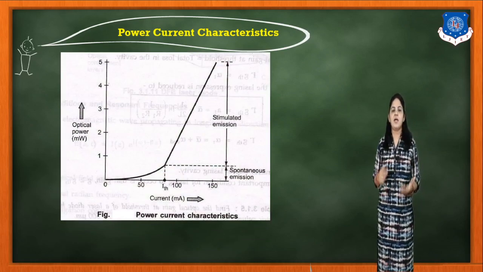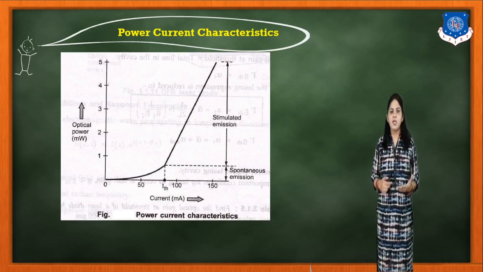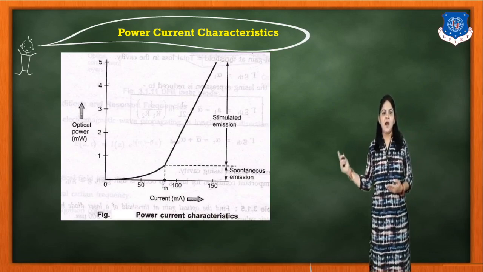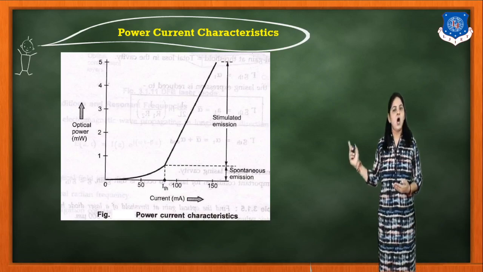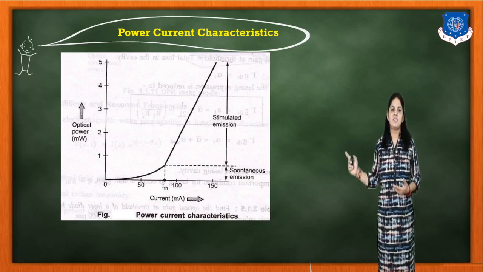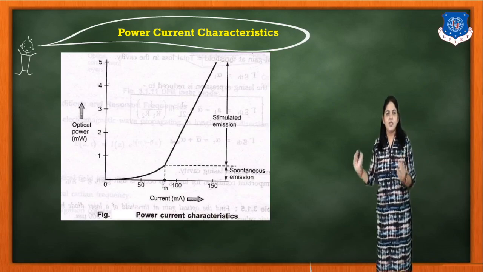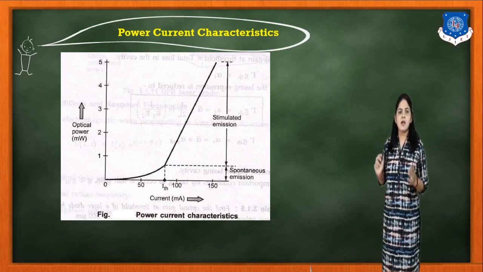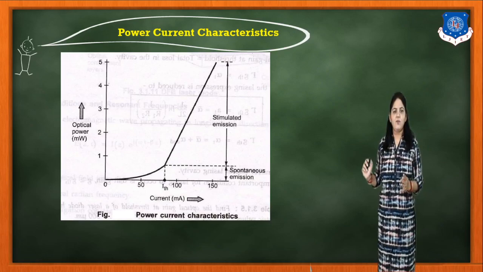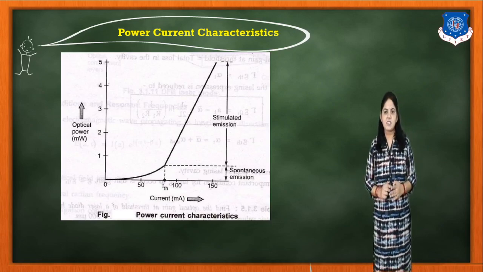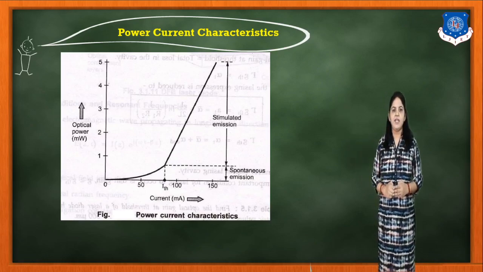Now the power-current characteristics. Here in the diagram you can see the power-current characteristics. On the x-axis the current value is given in milliamperes, and on the y-axis the optical power is given in milliwatts. Here in this diagram you can see that after the threshold, there is spontaneous emission and stimulated emission.